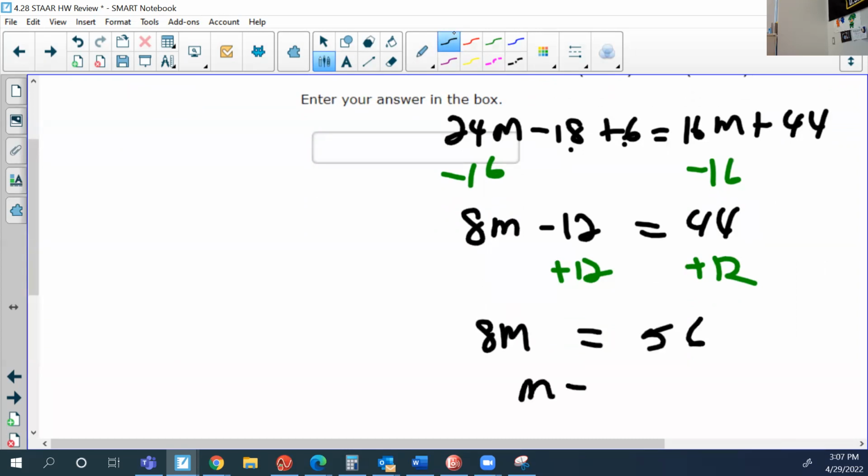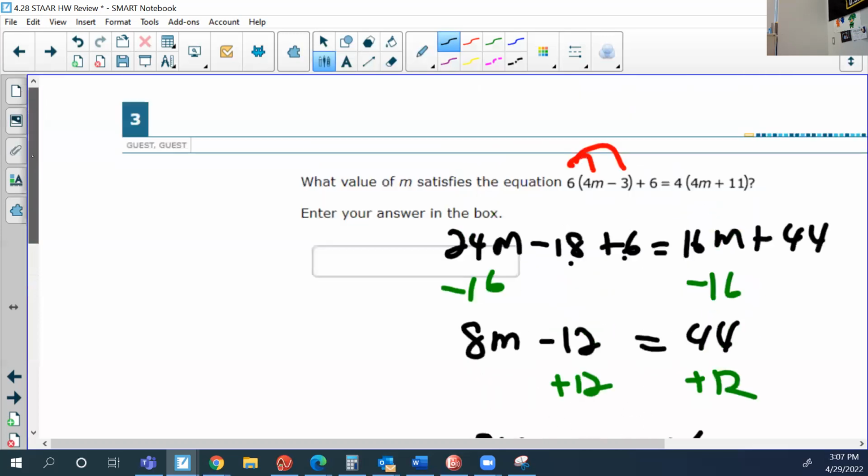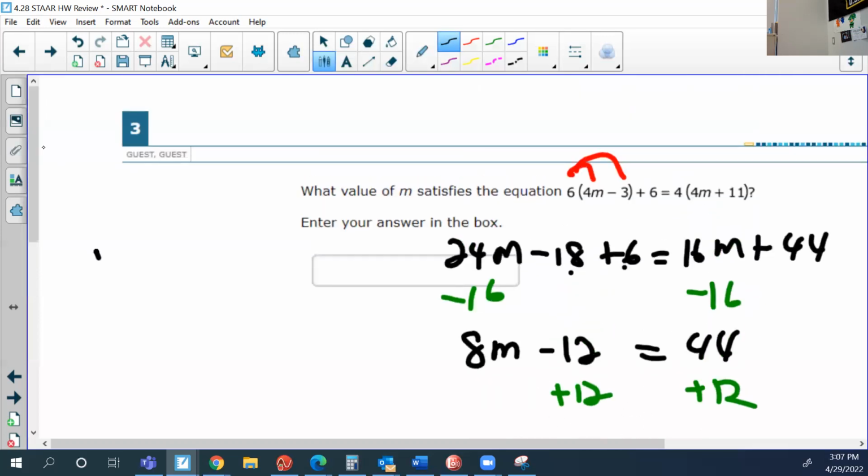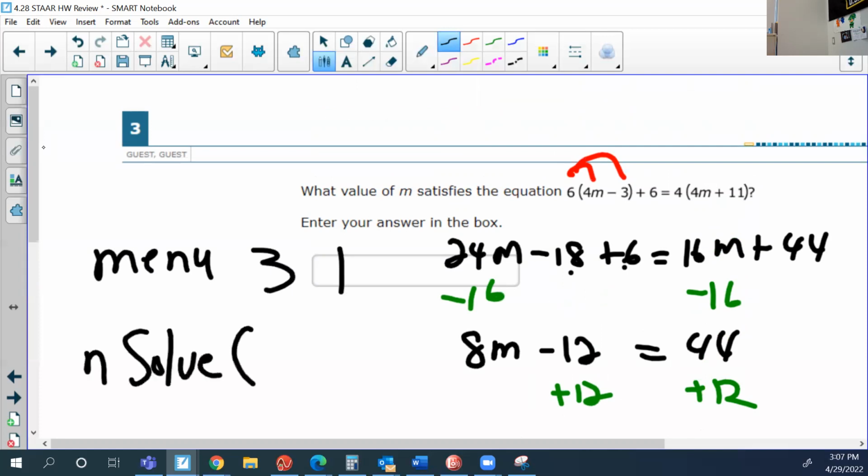Therefore, m is equal to 7. But if you're still struggling with that, guys, remember you can use menu 3-1 on your calculator, and it will give you m. Just remember, it's nSolve. You're going to put that in the calculator, but remember at the end, at the last parenthesis, you got to put comma m there. Just remember that.